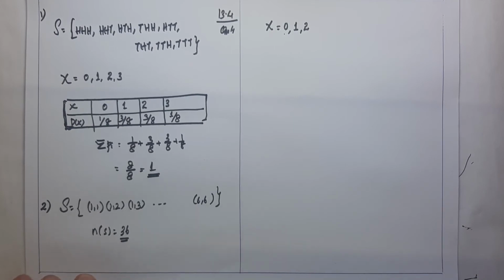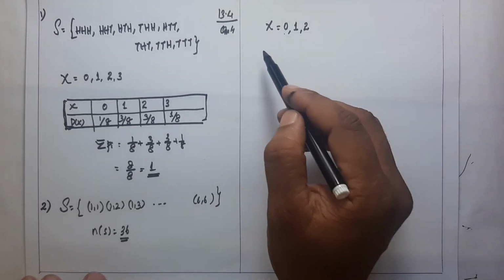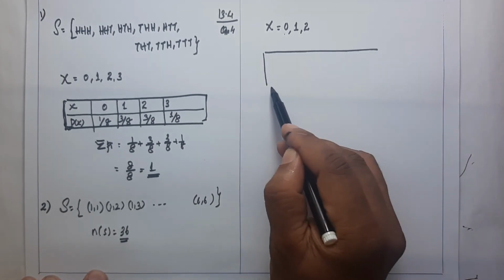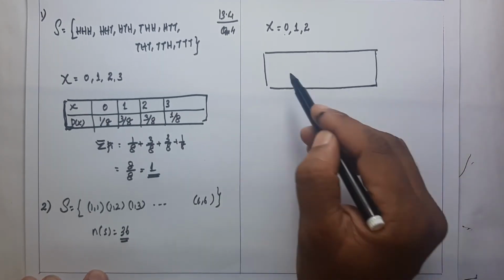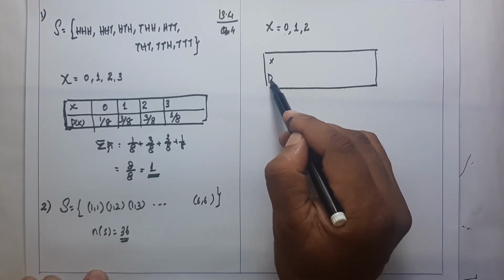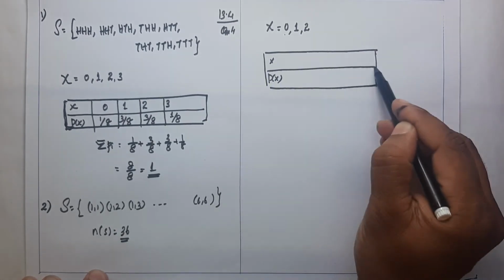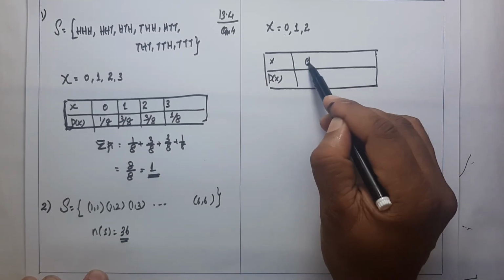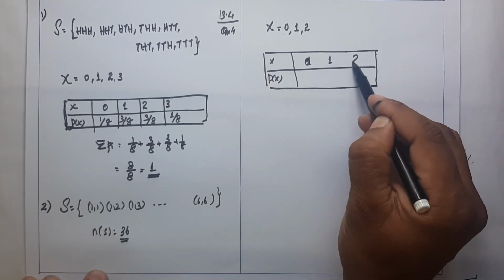Now we find the corresponding probability distribution table, with X and their corresponding probability p of x. Here x takes the values 0, 1 and 2.